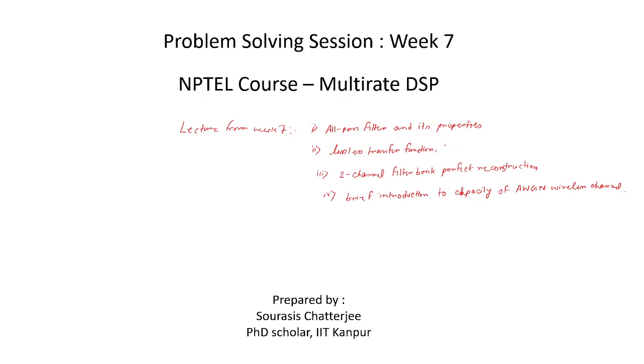One of the transfer functions is the bounded real transfer function. The problems we are going to solve today are mostly around all-pass filters and their different properties, and there is some question based on the capacity of the AWGN wireless channel also.